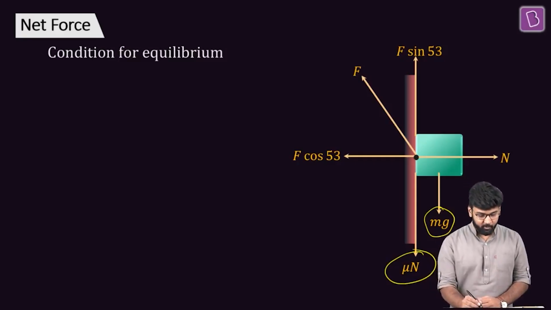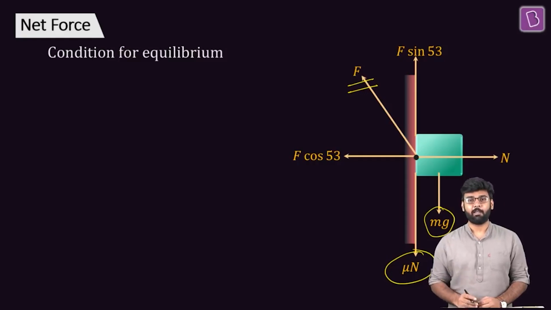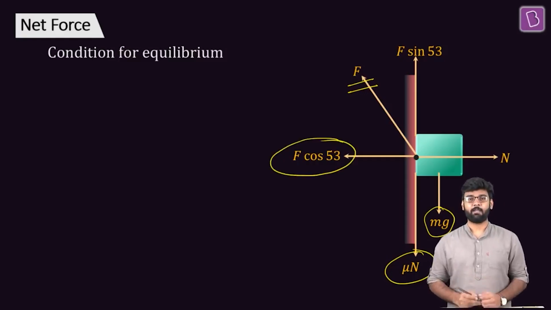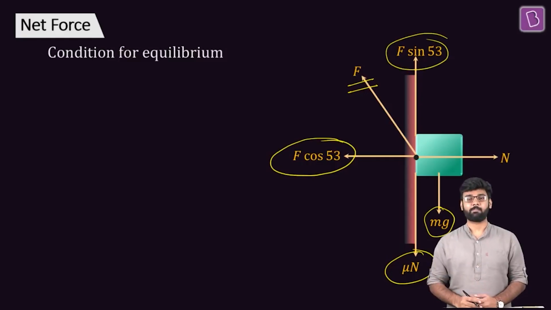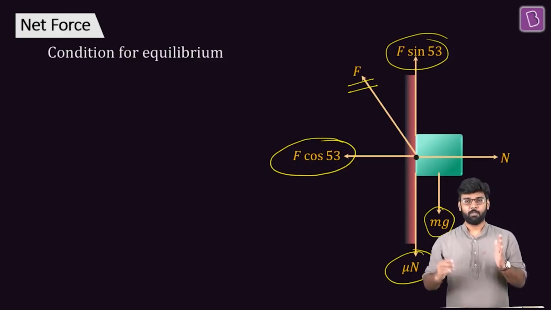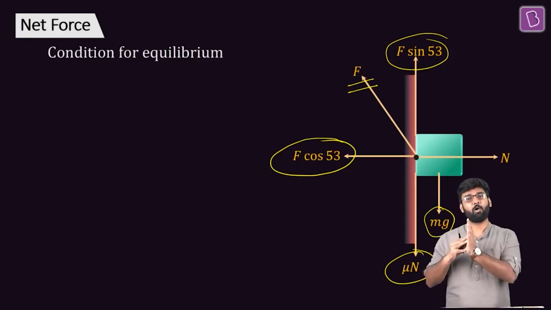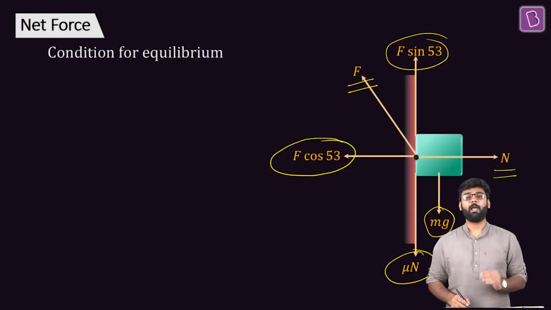Now when you take the components of this F along vertical and horizontal direction, we get F cos 53 along minus x-axis and F sin 53 along plus y-axis. Now there will be one normal from the wall also. Here the block is applying a force on the wall, so the wall will also apply a force on the block in the opposite direction. So this is the normal which is applied by the wall on the block.